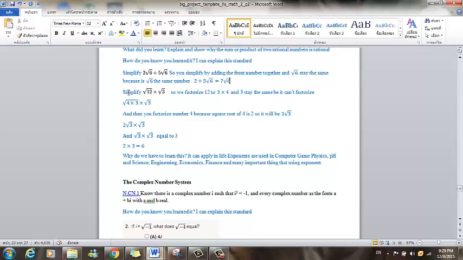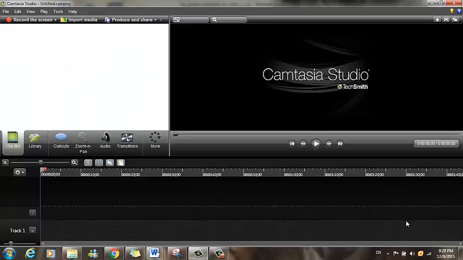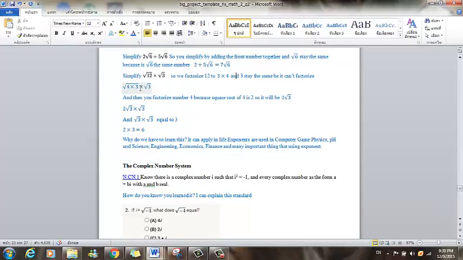Now another question is root 12 times root 3. So we factorize 12 into 4 times 3.